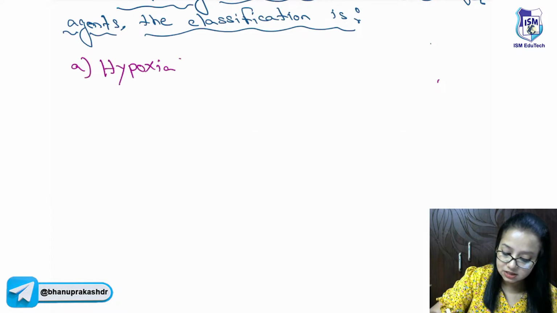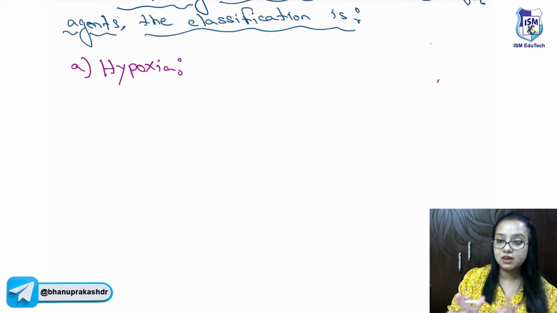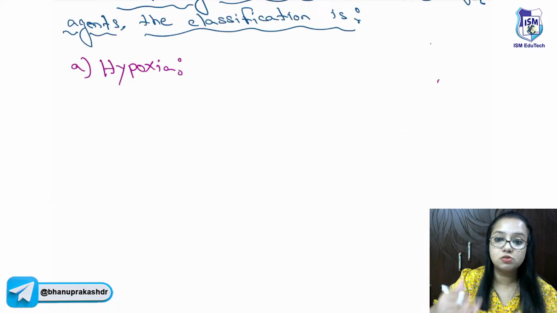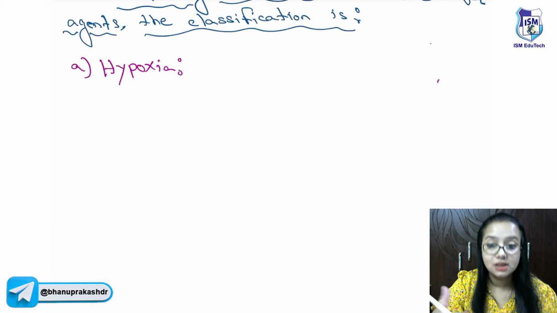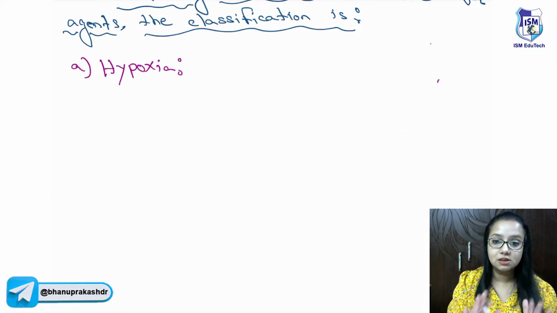hypoxia. This is a condition that happens every now and then in the cell, because suppose we are confined in a place with 10 people, then also we are not having enough oxygen. If you're not breathing enough oxygen, at the tissue level, through the blood, there will be less oxygen delivering to the cells.